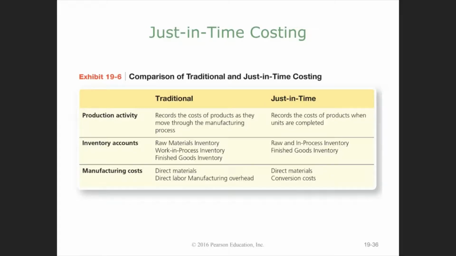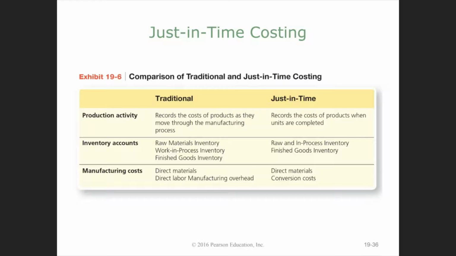With just-in-time production activity, they record the cost of products when the units are actually completed. So for traditional, we're recording cost as they move through the process. Just-in-time records the cost when it's done.